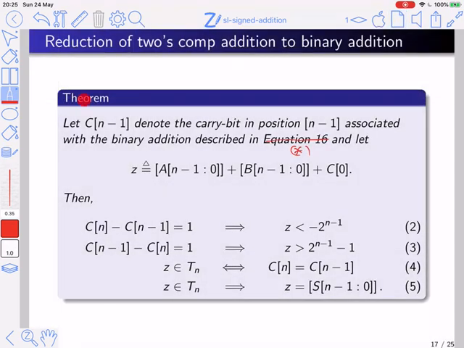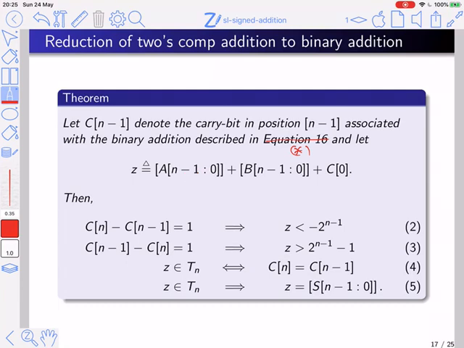The following theorem deals with exactly this situation. We consider the situation in which we feed A, B, and C0 to a binary adder to obtain Cn and S, and let us even denote by Cn-1 the carry bit in position n-1 associated with this binary addition. Z is our desired sum, the sum that we want to actually compute, where everything is represented in 2's complement.